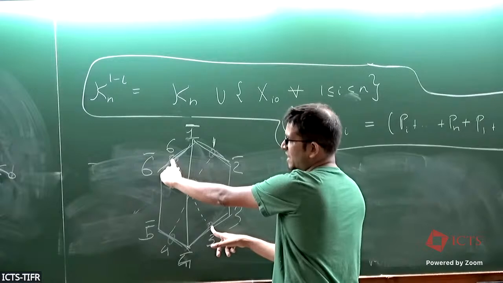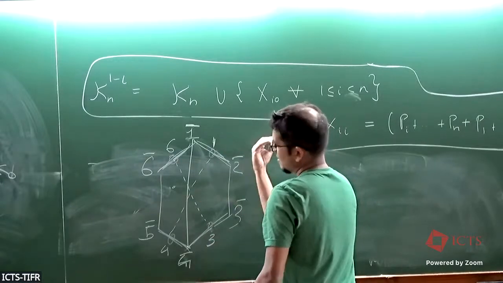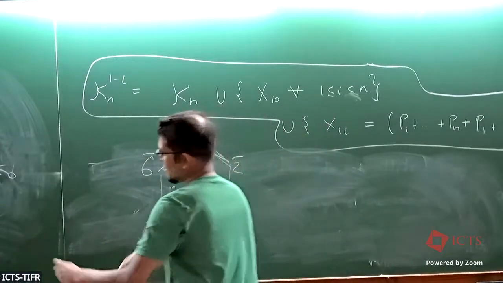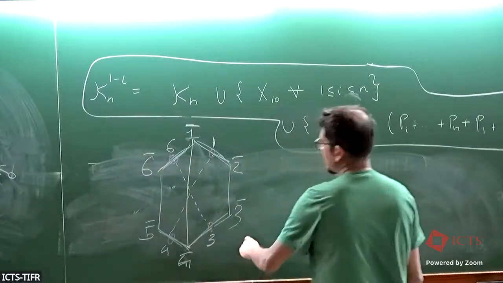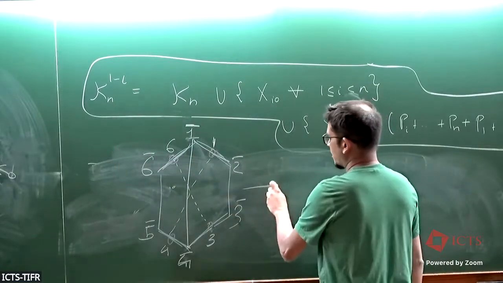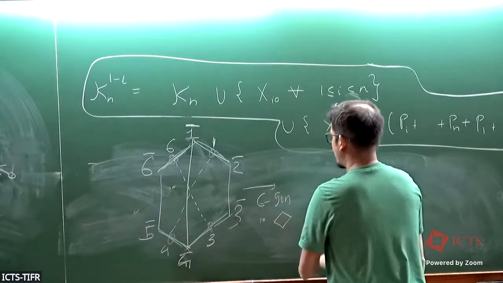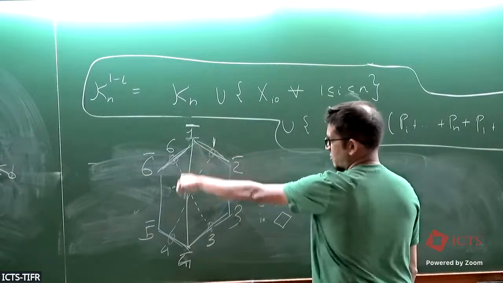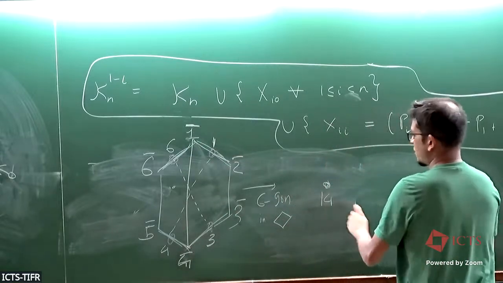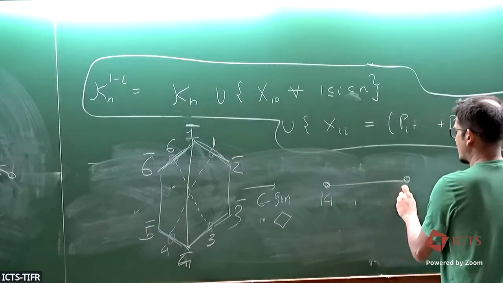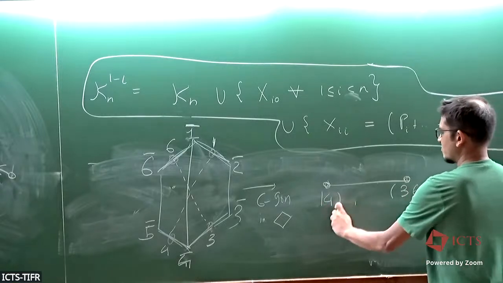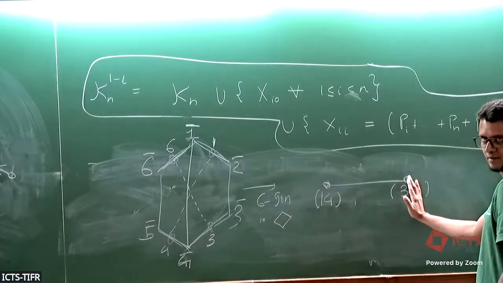So you notice that we obtained a one-dimensional accordiahedron. This is one example of an accordiahedron obtained by dissecting a 6-gon into quadrilaterals. And this accordiahedron depends on what you start with. Because you start with 1, 4, you are only allowed to flip to 3, 6. And you get a one-dimensional accordiahedron.